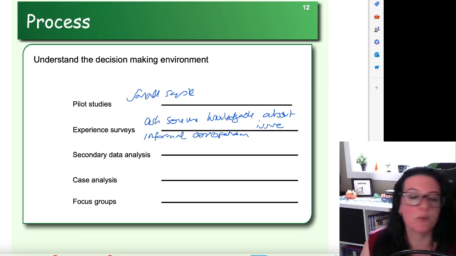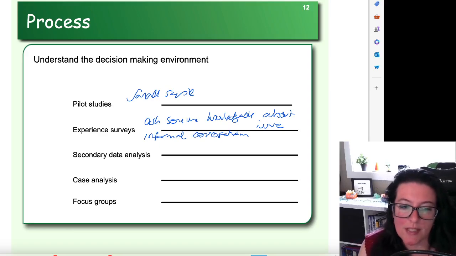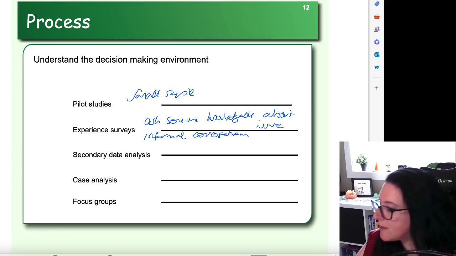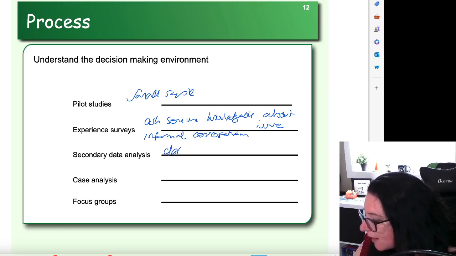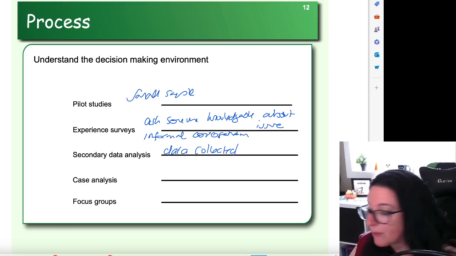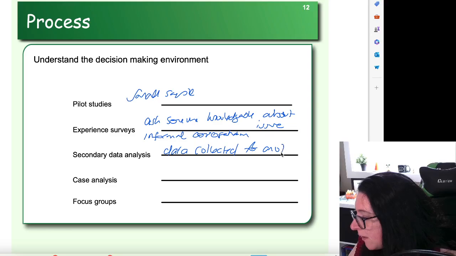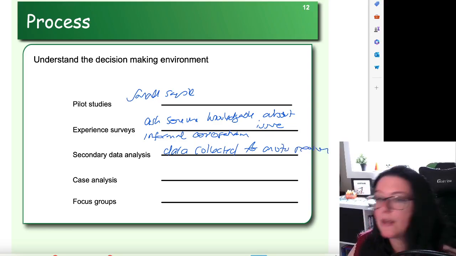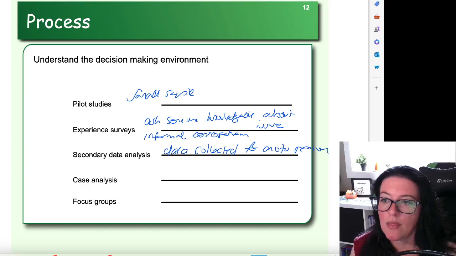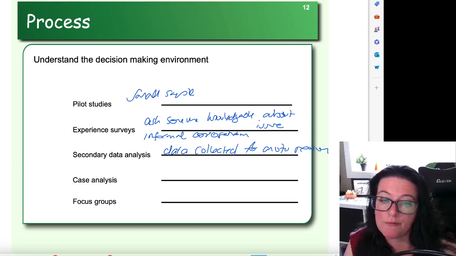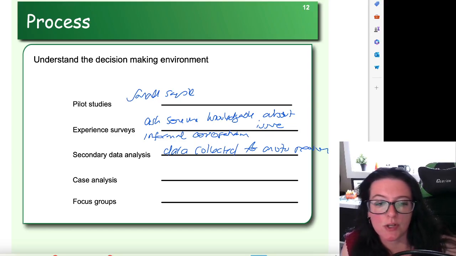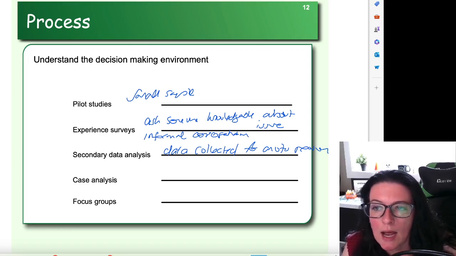So we have pilot studies, we have experience surveys, we have secondary data analysis. We're going to spend a couple videos on secondary data analysis, but this is simply data collected for another reason. So this could be that you purchased a data set that was collected by someone else for a different purpose. This could be that it's your own internal information. Maybe it's information about your customers or employees, and you're going to do some analysis for some other reasons.